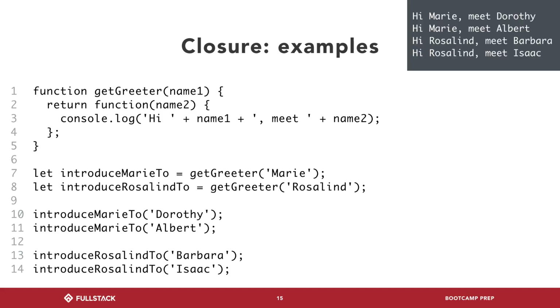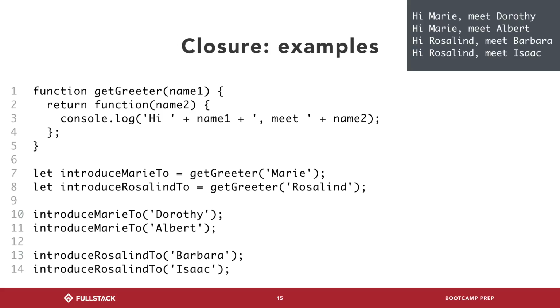On line 8 now, we invoke getGreeter with Rosalind. Introduce Rosalind to is going to be a function that permanently thinks that name1 is always going to be Rosalind, right? So here we have one function, but now we're able to create different variations of it, right? It's almost like we're imprinting each function with a different name or different set of variables.